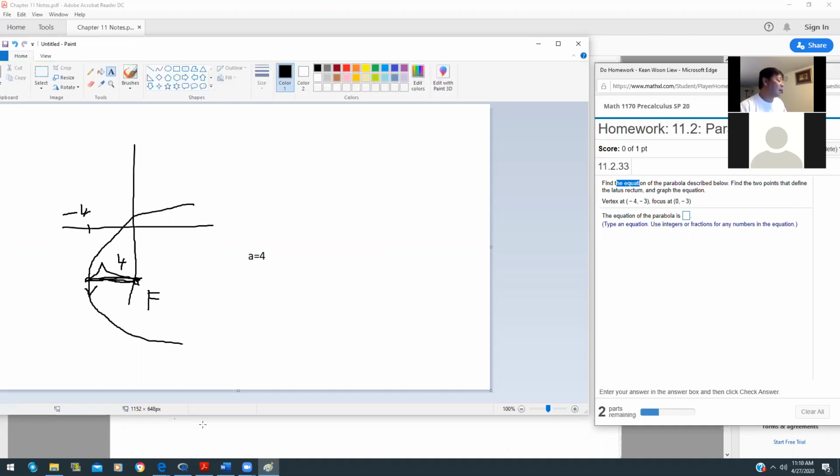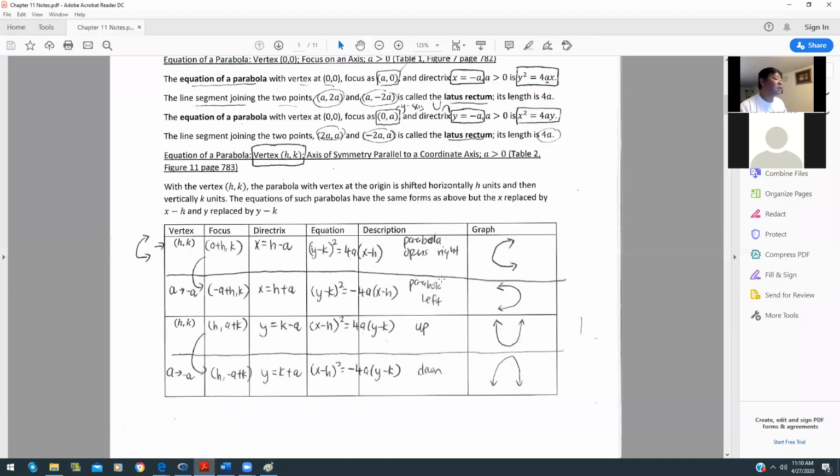So if you look at the equations that we have, this opens sideways, which is this one. So this is the formula we will be using.